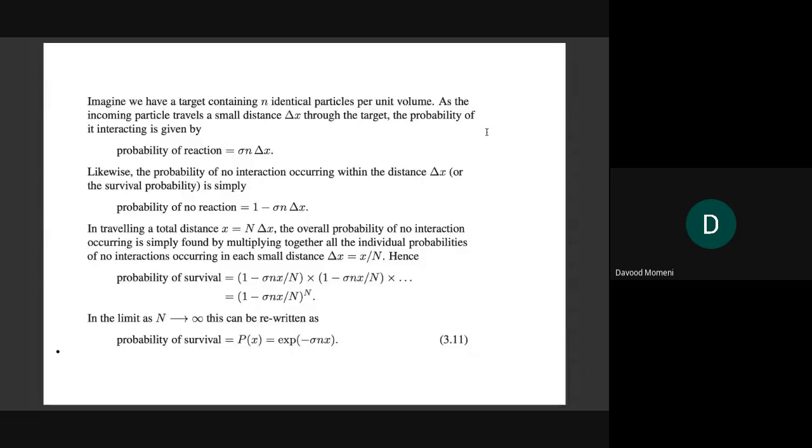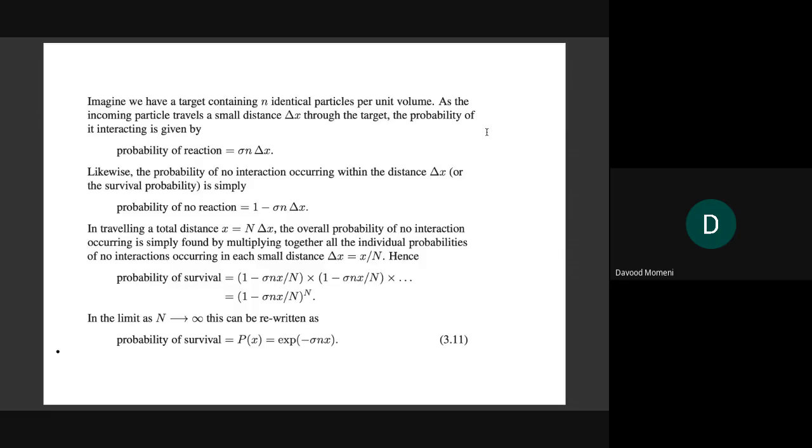Then for each tiny piece, you have the probability of reaction and the probability of non-reaction. Because if the particle makes a reaction, it will be destroyed, and the particle cannot reach the target. So you need to know how many particles survive. Yes? So what you need is the probability of no reaction, or call it survival probability.